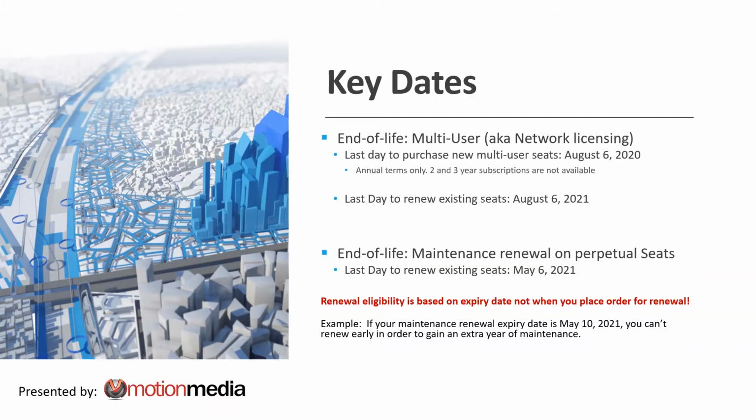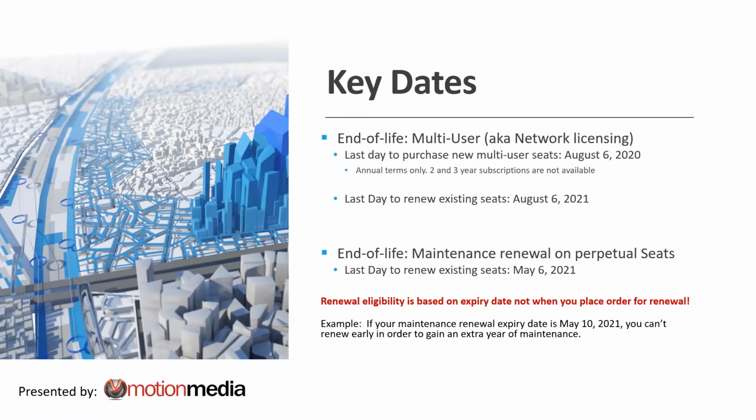The really important thing to know here is this renewal eligibility is based on your expiry date and not when you place the order. And this will come up a couple times in the presentation, but if your renewal date, let's say, is August 10th, 2021, and you say, well, it's July, I want to renew it early, it won't really matter.